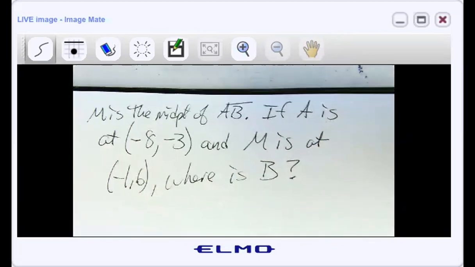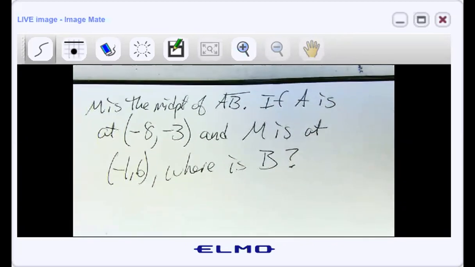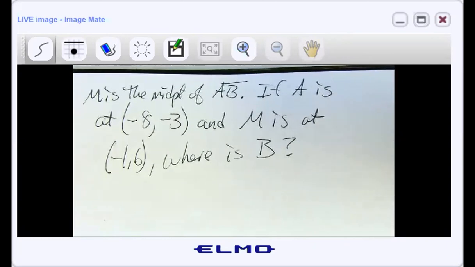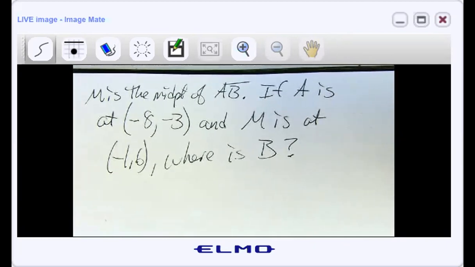So same thing, but be careful. This time I gave you the coordinates for A first and then M. So make sure that you know who's x and y of the midpoint and who's x and y of point 1. Because it makes a big difference.